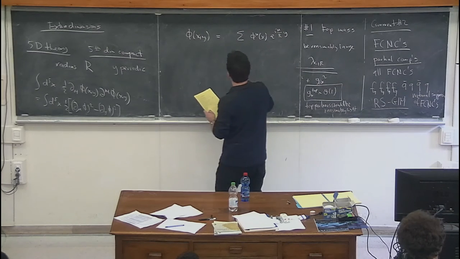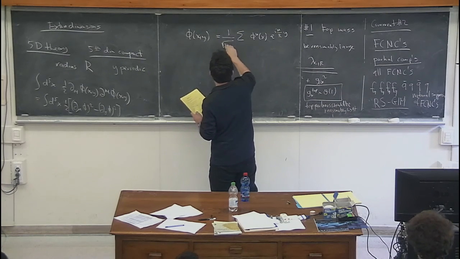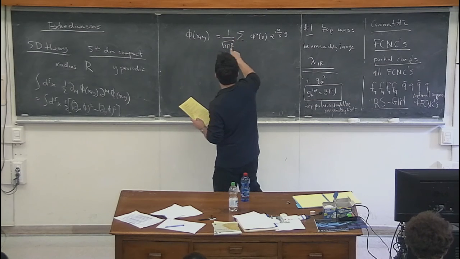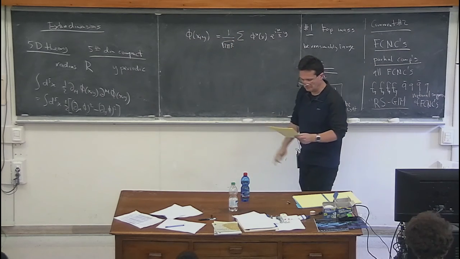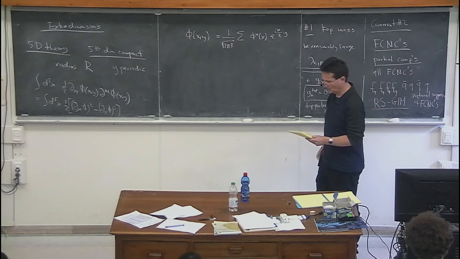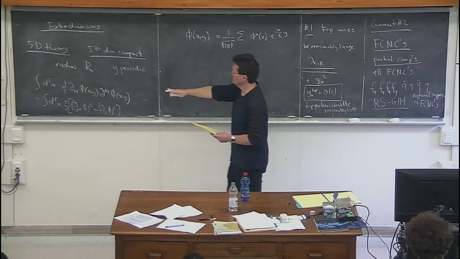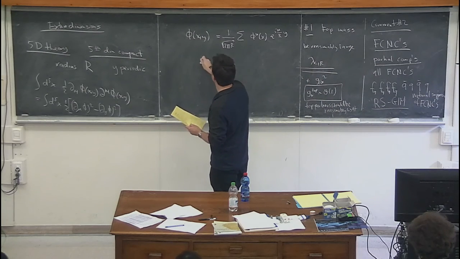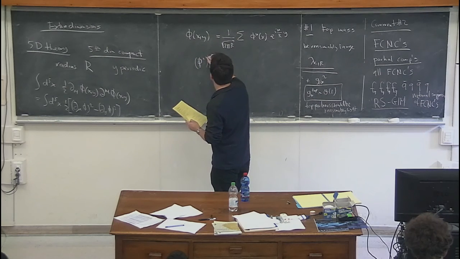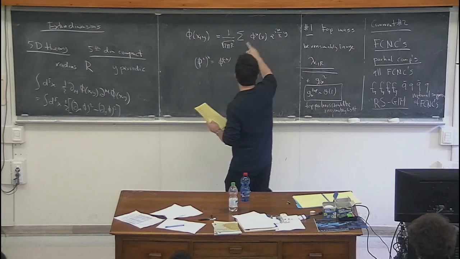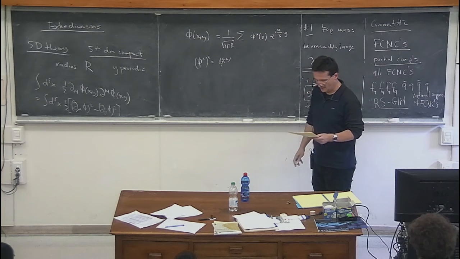And then I can put here some normalization, which for now is just an arbitrary normalization. If φ was a real scalar, then you can make sure that φ_n* is equal to φ_{-n}, and that will make sure that this Fourier series remains real.